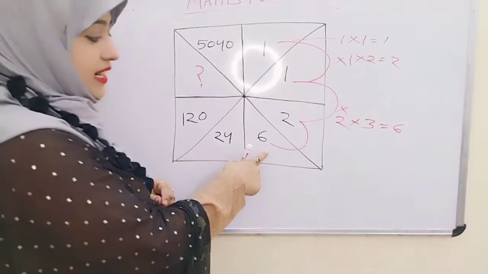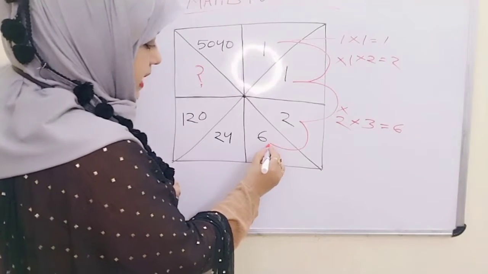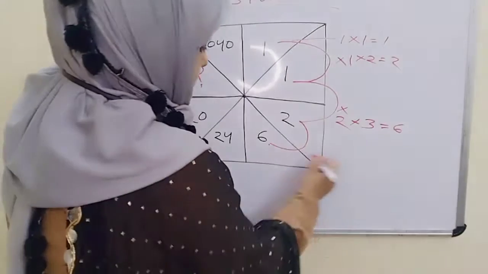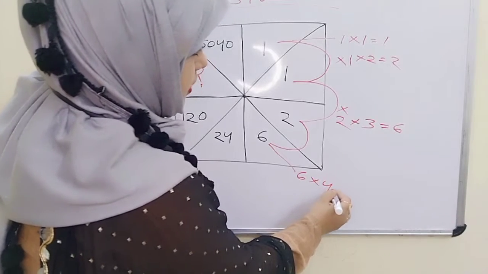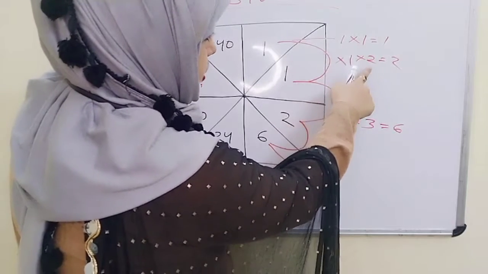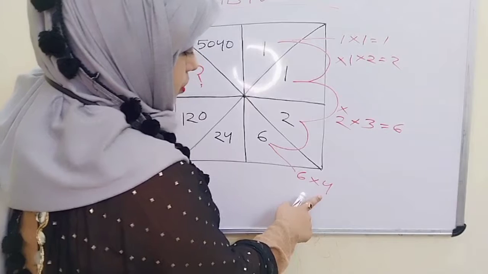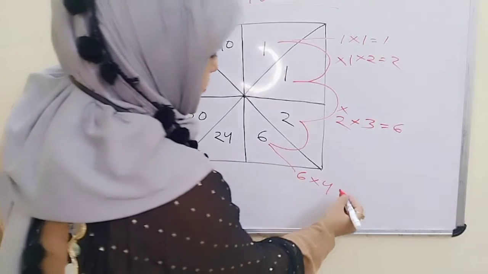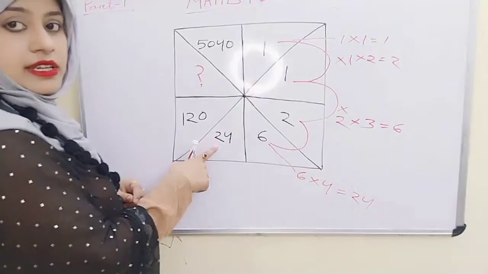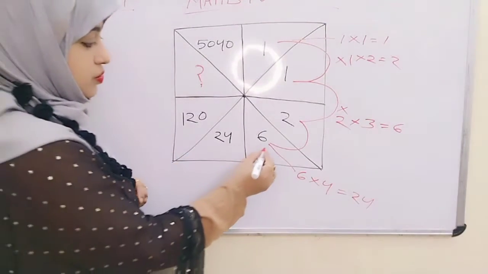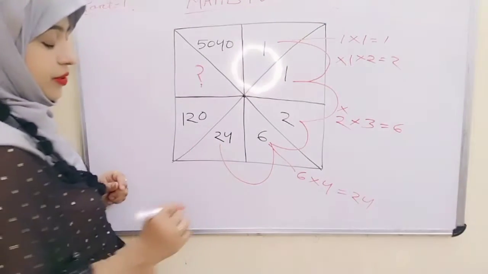Okay, understand? So when you multiply 6 into 4, here are the patterns 1 2 3 4. When you multiply 6 with 4, 24. Yeah, here is 24. Okay, so this method is correct for us.